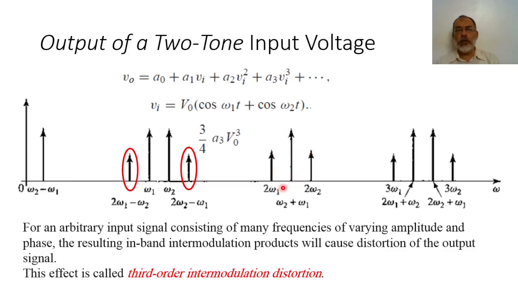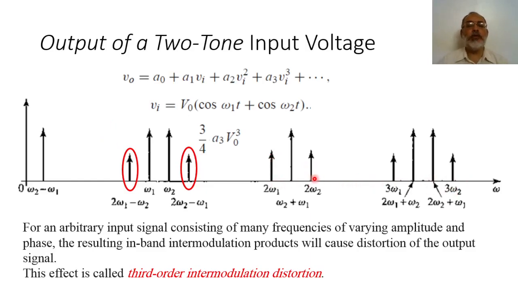In addition, we have the third harmonics, which are 3 omega 1, 3 omega 2, 2 omega 2 plus omega 1, and 2 omega 1 plus omega 2. So all these components have higher frequency than even the second harmonic. So by using a band pass filter, these components can be extracted from the output signal.